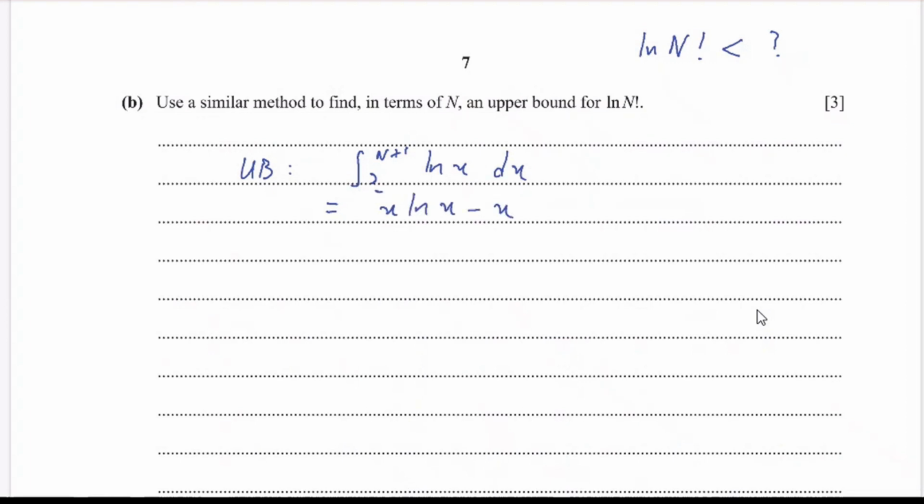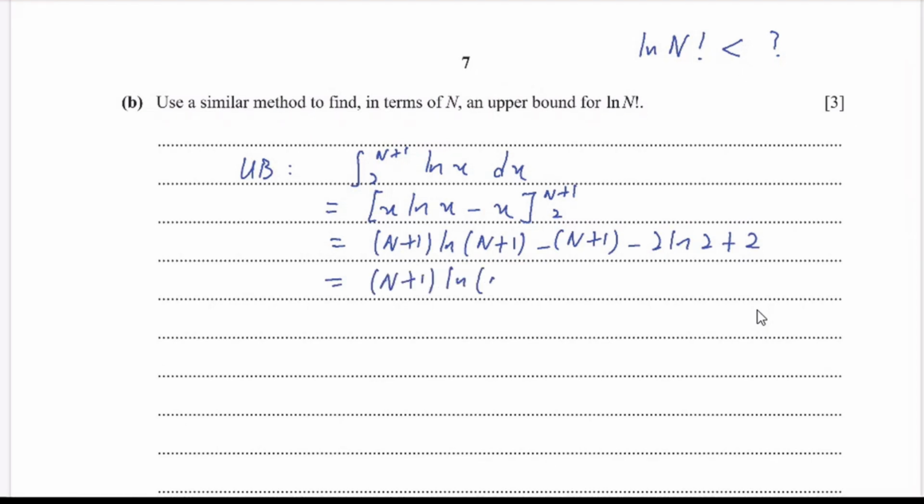We get x ln x minus x, and then we just sub in n plus 1 and 2. We can tidy up a little bit for our case here, so we will get this kind of expression: (n plus 1) ln (n plus 1) minus n plus 1, minus 2 ln 2 plus 2. So this is the upper bound.